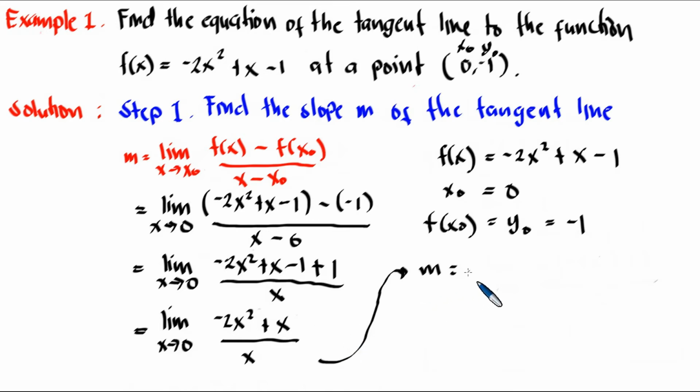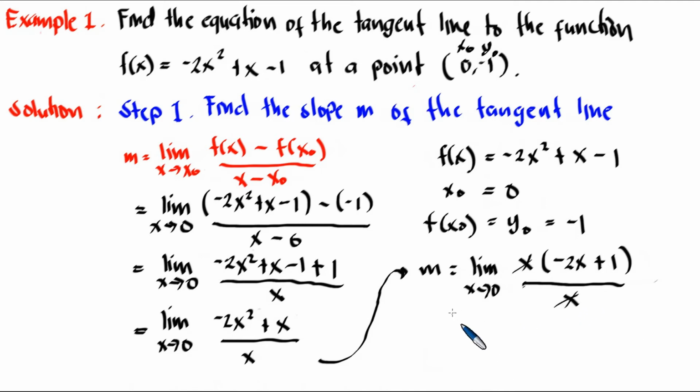That will give us the limit of x, which is the GCF, times negative 2x plus 1, close parentheses, all over x as x approaches 0. As you can see, both x's in the numerator and denominator cancel out.